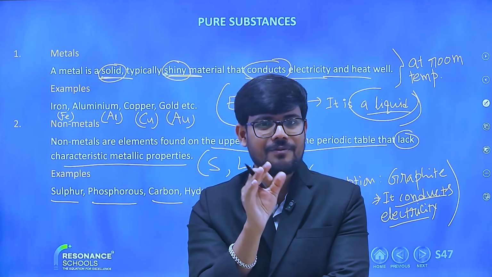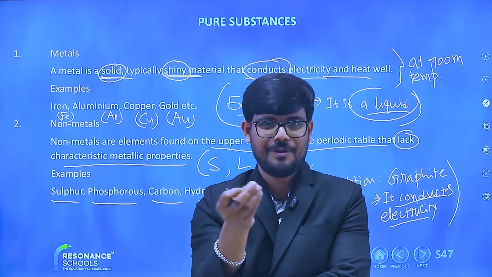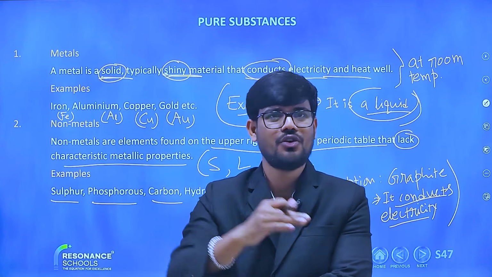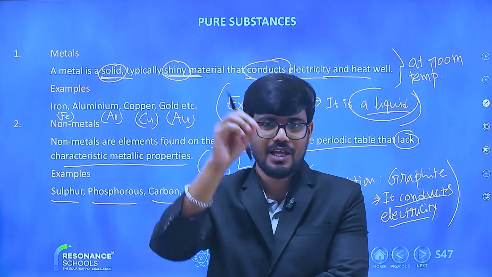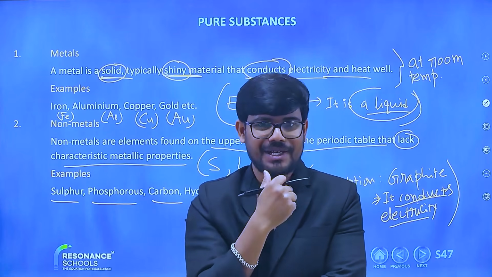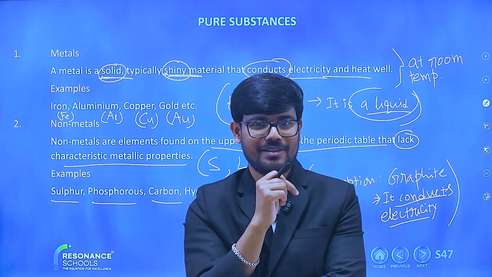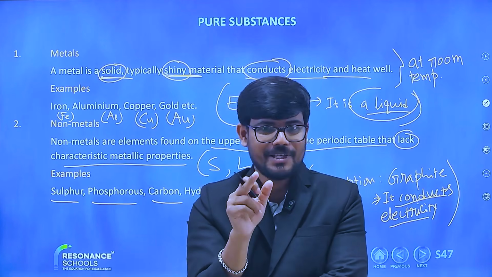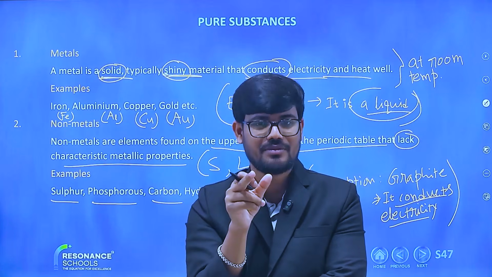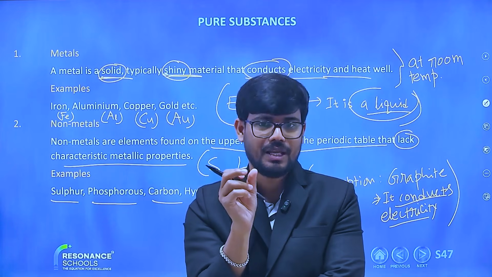Similarly, if you are scoring near 50% in all 5 subjects, near 50% means not towards 0, not towards 100%, you are just in between. So you are a mixture of good and bad, right? Both. So that's why I'll call you metalloid. Metalloid means it is a mixture of metal and non-metal, right? What do I mean by mixture? Properties.